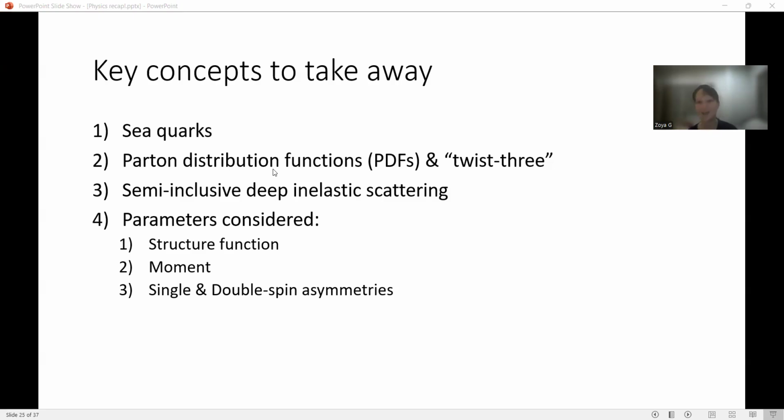Do with that what you will, honestly. It's like if the spin is flipped or if the direction we're shooting at it is flipped without flipping the spin, like its handedness, okay? CP violation, I don't know.